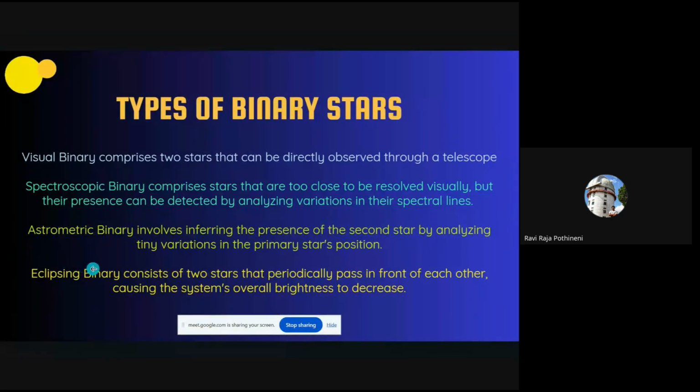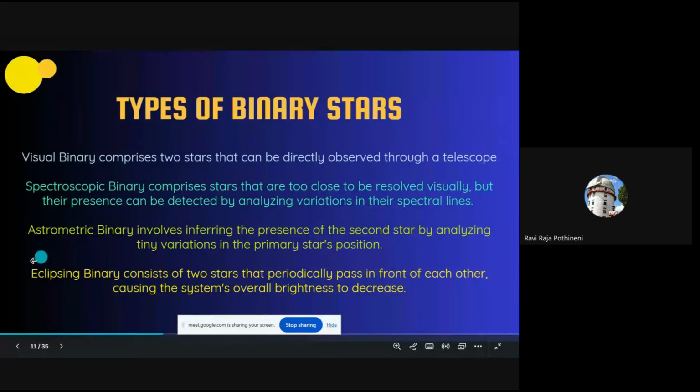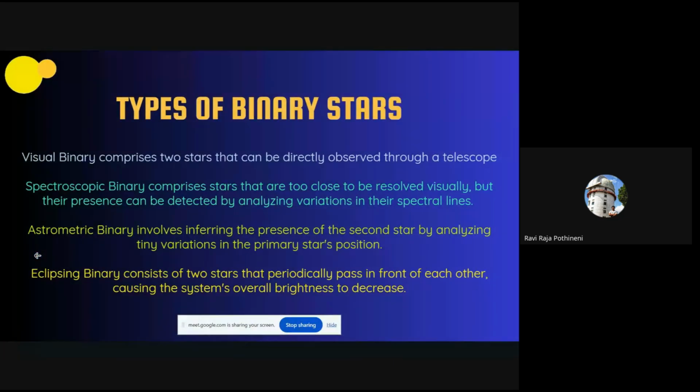Then the last but very important category, the eclipsing binary system. The name itself says eclipsing. You know about solar eclipse and lunar eclipse, right? Similarly, whenever two stars orbit around each other and eclipse each other, there will be a clear fall and rise in their brightness because of these eclipses.